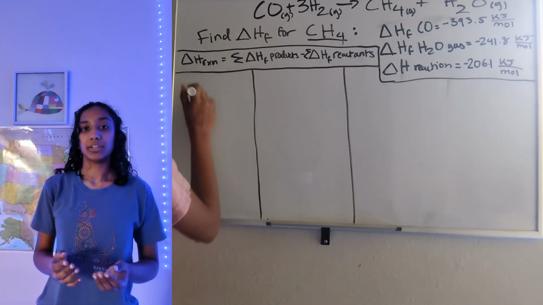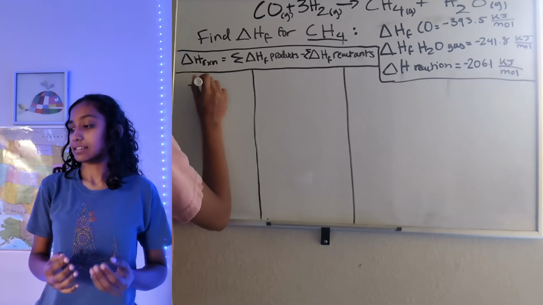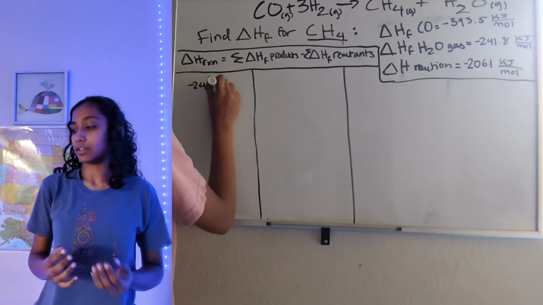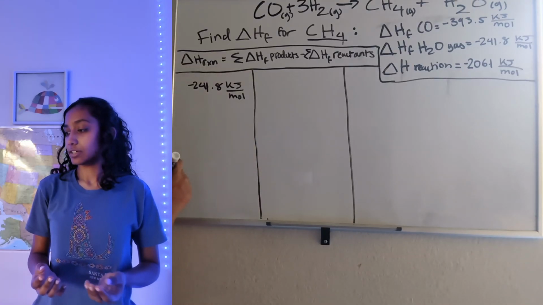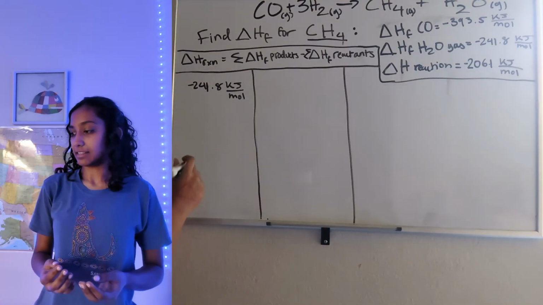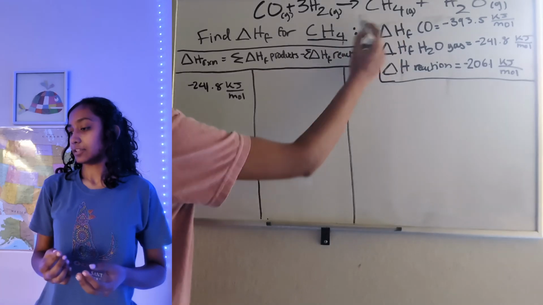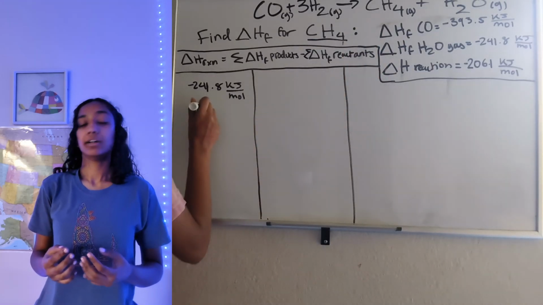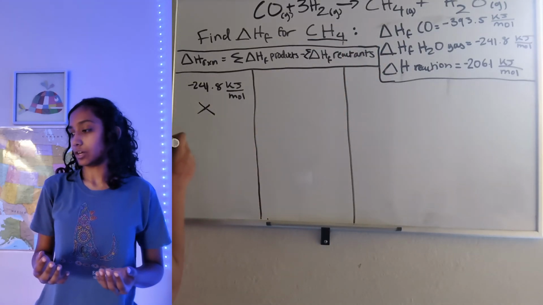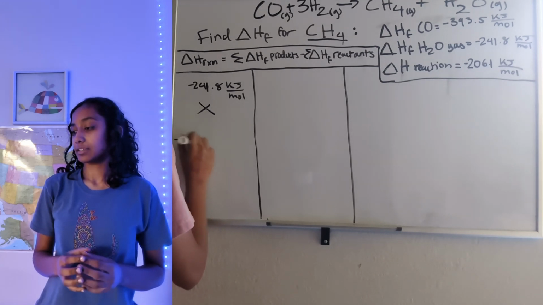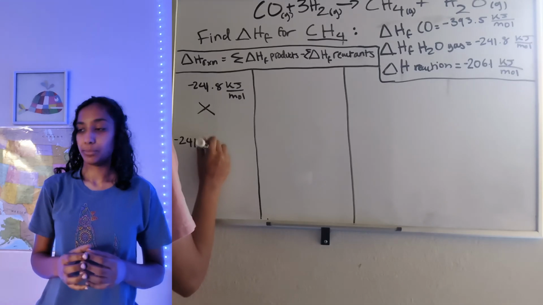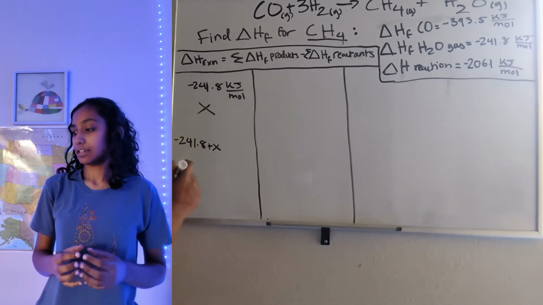The enthalpy of formation of water as a gas is negative 241.8 kilojoules per mole. And since there's only 1 mole of water in the reaction, we don't really need to multiply it by anything. As for the enthalpy of formation of CH4, we don't know what it is yet, so we'll just call it X. This means that the sum of formation of the products is negative 241.8 plus X.